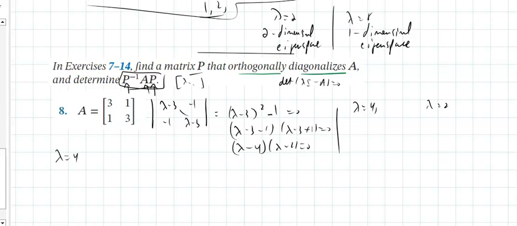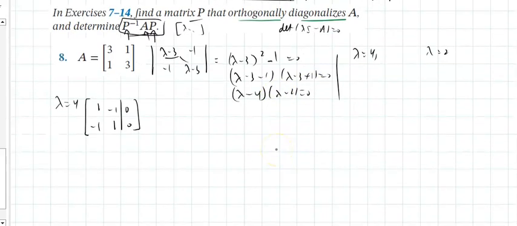If I take lambda equal 4 and solve the following augmented matrix, put a 4 in there. You're going to get 4 minus 3 is 1, negative 1, negative 1. And obviously, if I take row 1 plus row 2 and row 2, that will yield a 1, negative 1, 0, 0, 0, 0.